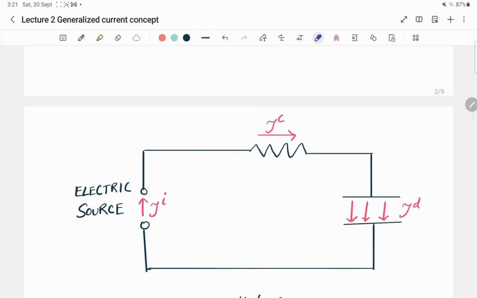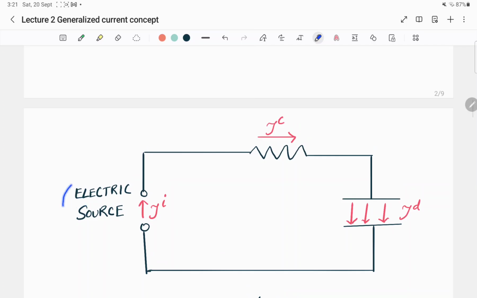So if you see this circuit, there is an electric source Ji and there is conduction current Jc. This is the electric source, so Ji is the source current.